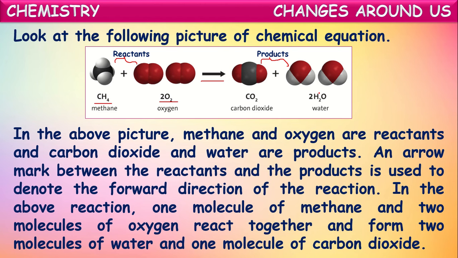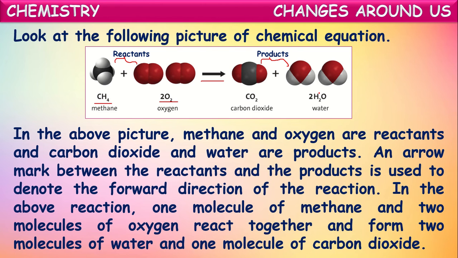In the above reaction, one molecule of methane and two molecules of oxygen react together and form two molecules of water and one molecule of carbon dioxide. How many molecules of each substance are participating and how many molecules of each product are formed can also be represented in the equation by using certain coefficients.